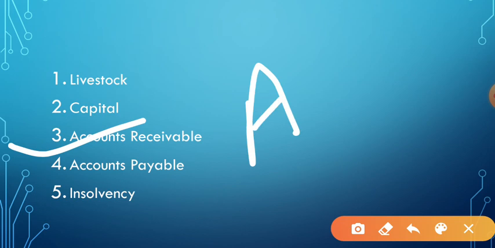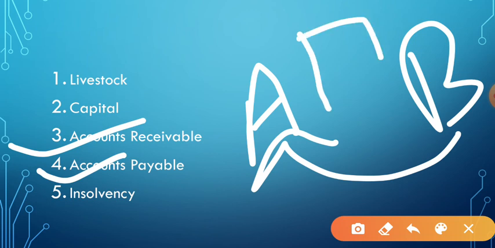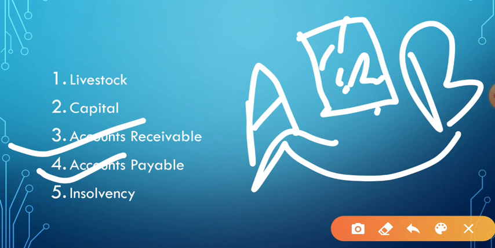He will receive some amount in future from Mr. B. Okay, so it is called account receivable. Now accounts payable. Same way for Mr. B, it will be account payable, because in future Mr. B will have to pay on this document. He or she will have to pay money. So for Mr. A it will be receivable, for Mr. B it will be payable.